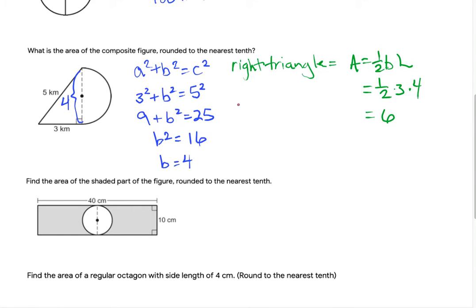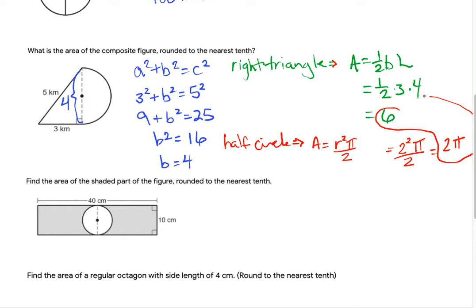And then my half circle, that's going to be your area of a circle, pi r squared, but divided by 2. So my radius is 2 squared, so I have 4 divided by 2. So I have 2 pi. So I need to take this and add it with this.